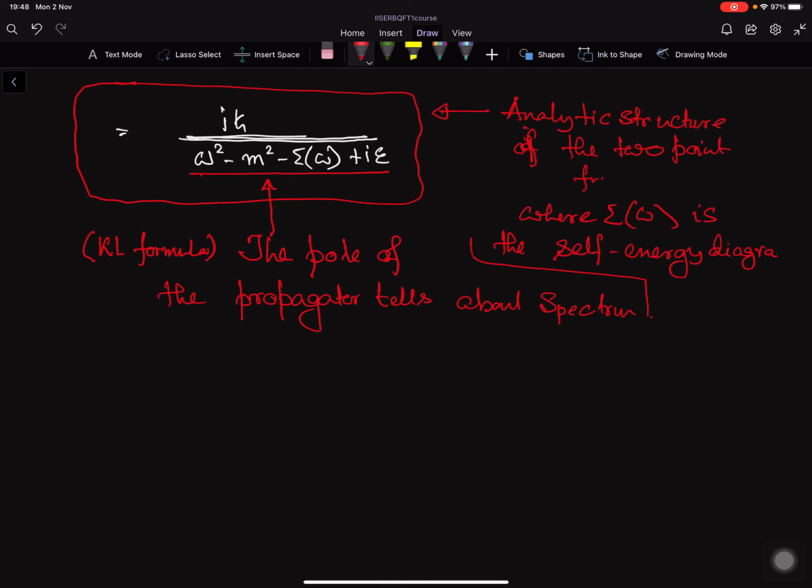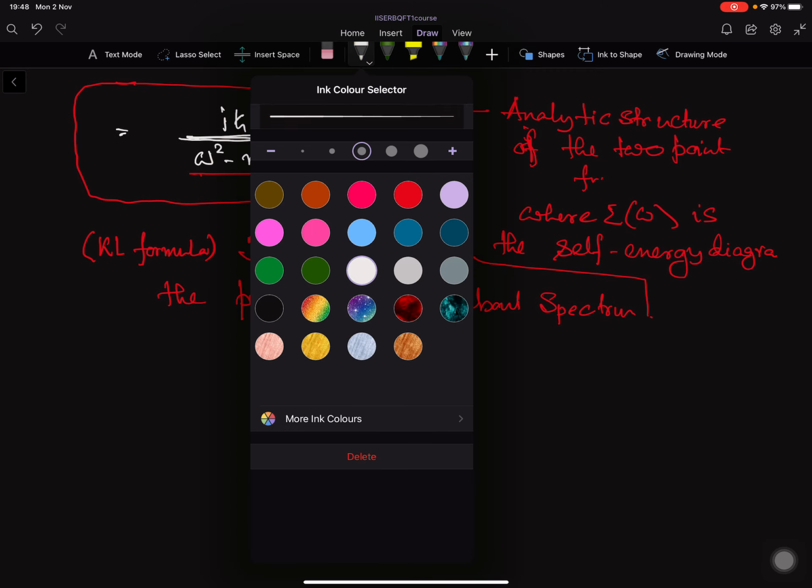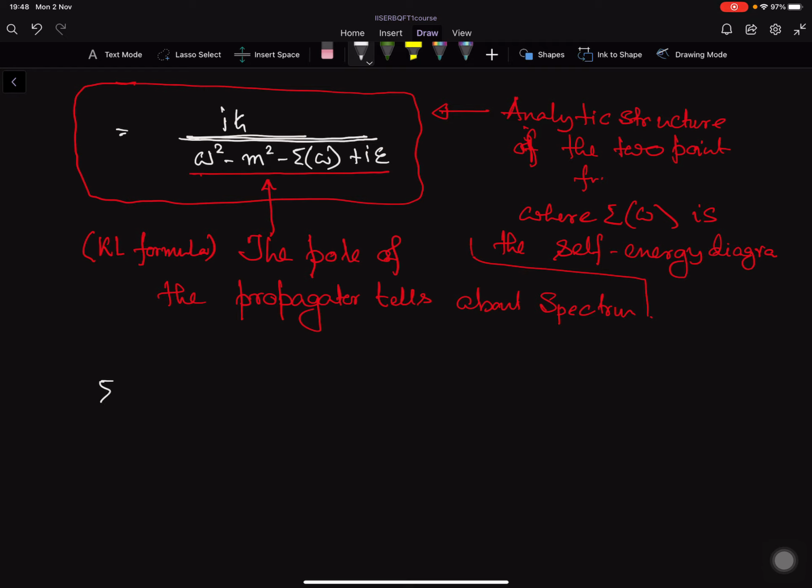Okay, so let's just try to do one computation. Let's try to compute the one loop self energy diagram. In this case the self energy diagram was just this. You can do this computation.